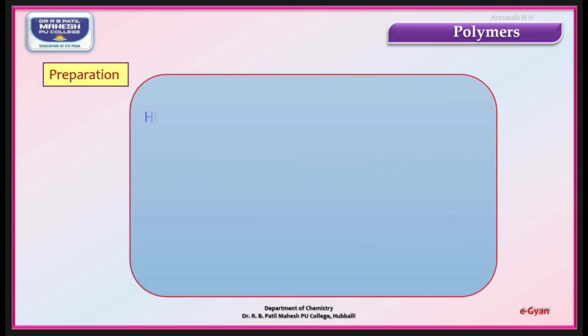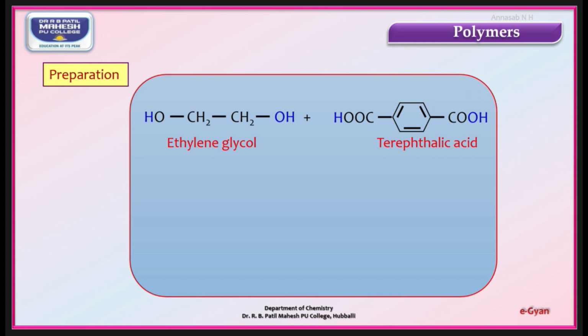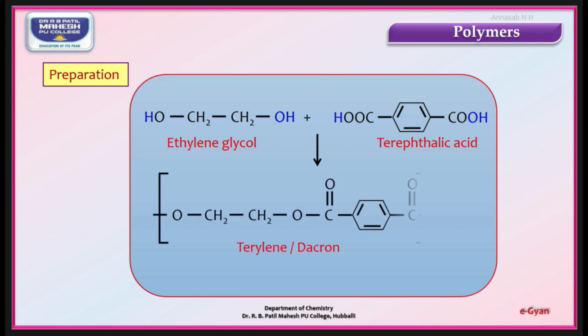Let us learn the preparation. We have ethylene glycol, CH2OH, CH2OH, which is treated along with terephthalic acid. Again there is a removal of water molecule, OH group and H. The reaction between ethylene glycol and terephthalic acid gives the polymeric unit, that is terylene or dacron.